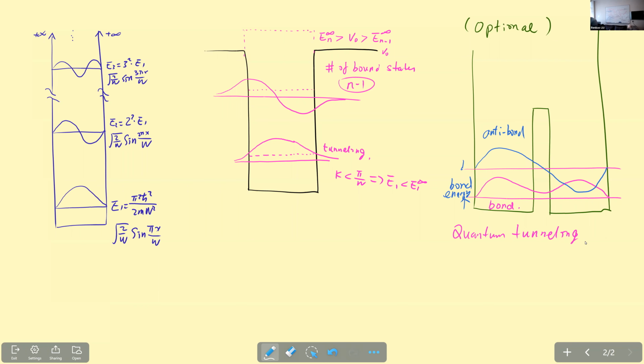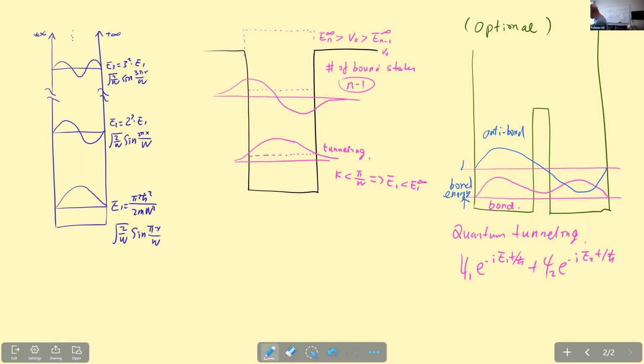If we initially have a superposition of the bonded and anti-bonded states, the particle will be mostly confined initially in the left quantum well, and then by time evolution the particle turns into the second quantum well, the right one, because of the constructive and destructive interference. Okay, so this is a brief summary of what we have learned about bonded states.